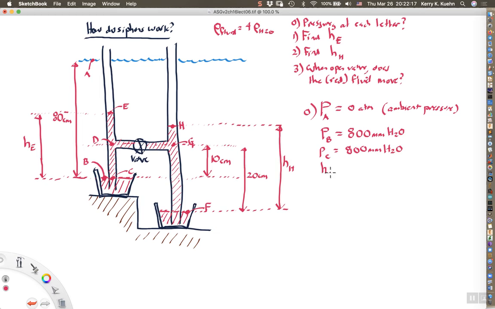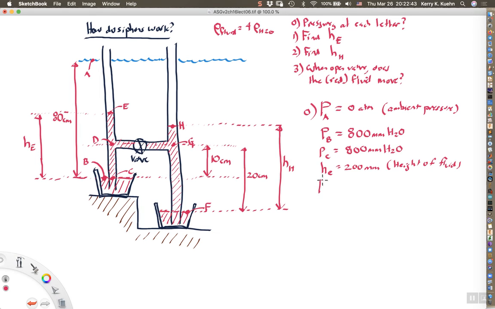The height of E is going to be 200 millimeters. This is the height of the mystery fluid. We know that because 200 millimeters of this has the same weight as 800 millimeters of water. So it would balance the 800 millimeters of water out here. Okay.